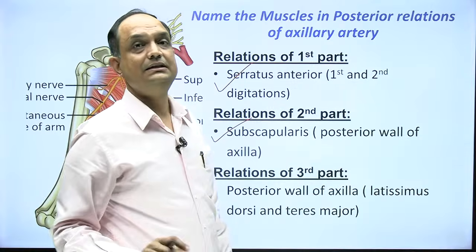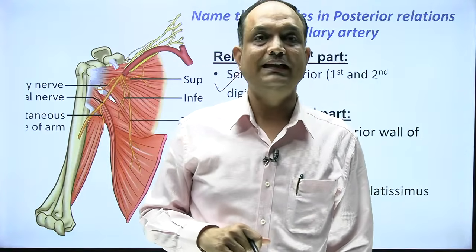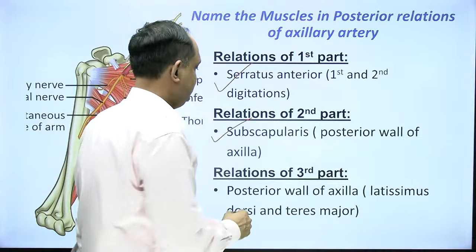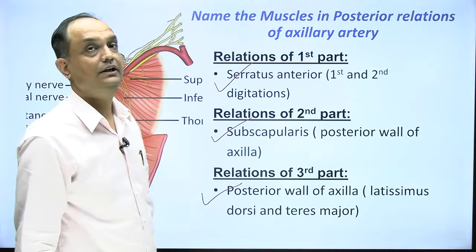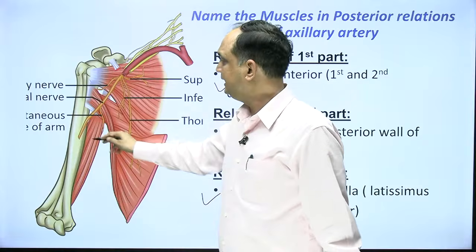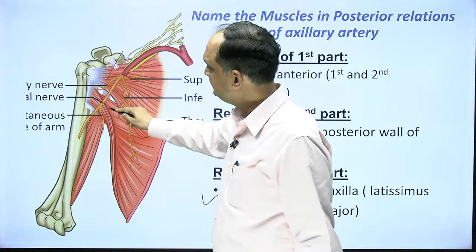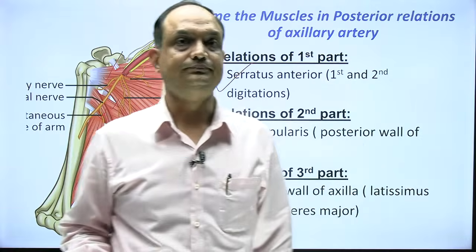The third part lies in front of the lower part of the posterior wall of the axilla, where you will have the latissimus dorsi and teres major. Clear? So these are the muscles which are posteriorly related to the axillary artery. You can see in this diagram: this is subscapularis, this is teres major, and this is your latissimus dorsi.